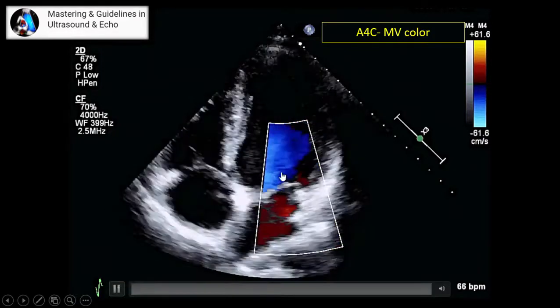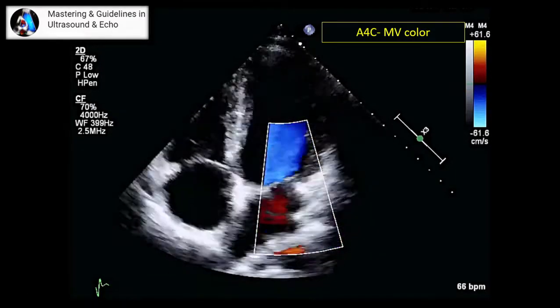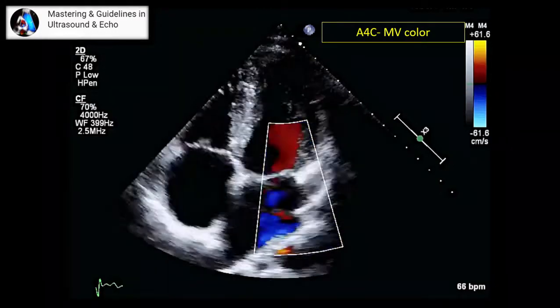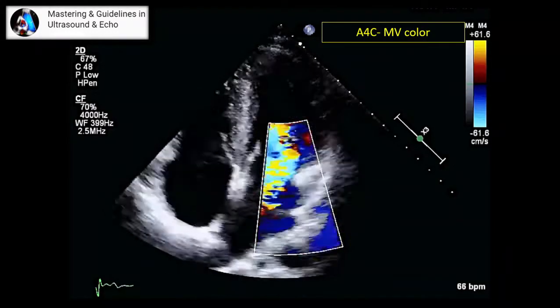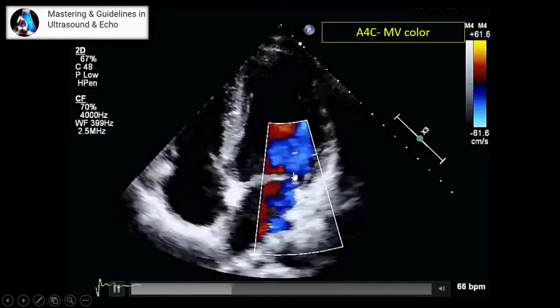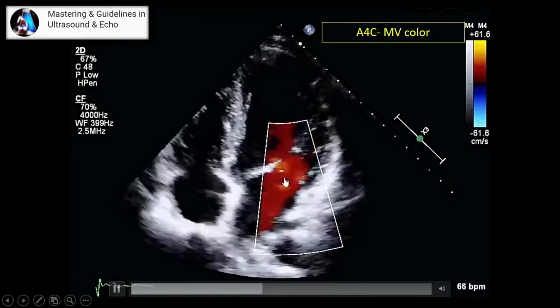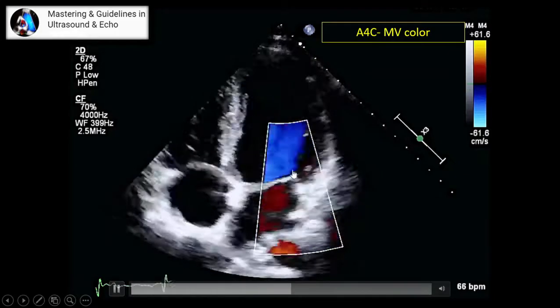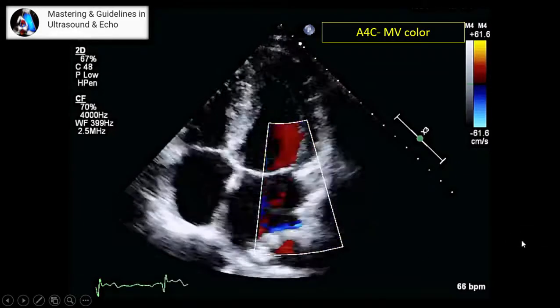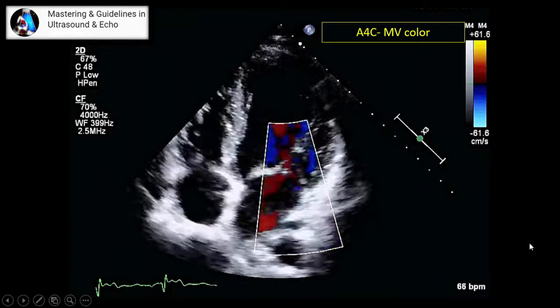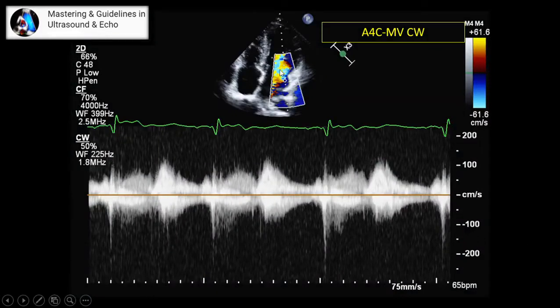So when you put the color box on the mitral valve leaflet, just sweep or fan anterior and posterior, or toward your face and toward the bed, slowly, and check if there is any jet passing around the mitral valve leaflet or not. When you see it, you put the cursor exactly at that spot.